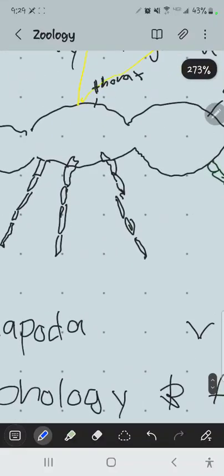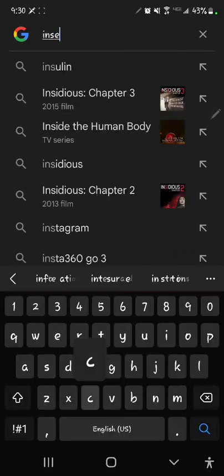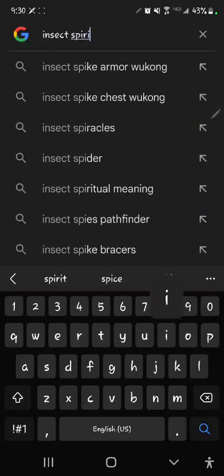These openings lead to trachea. So insects actually breathe through holes in their abdomen and thorax. They don't breathe through their mouth or gills. They have a totally unique system.